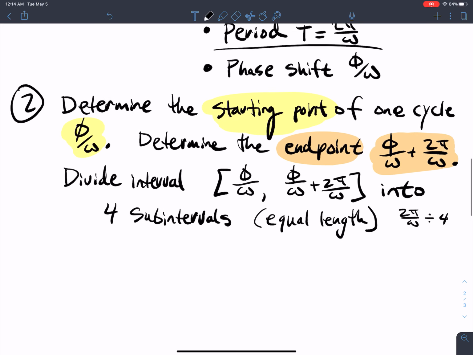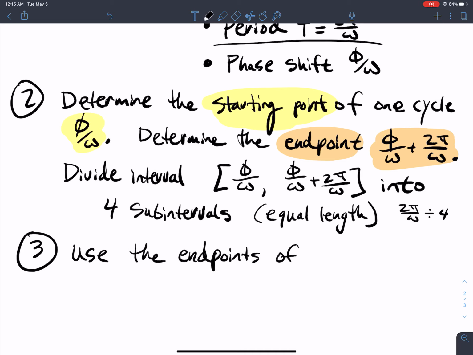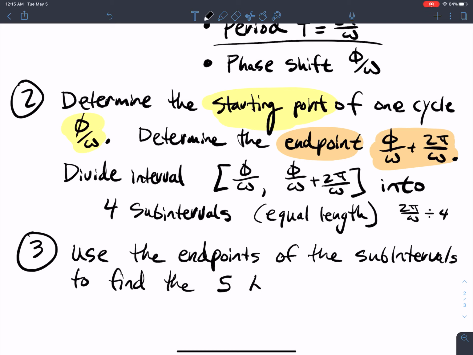So use those to find the 5 key points, just like we did in the past for sines and cosines, on the graph.